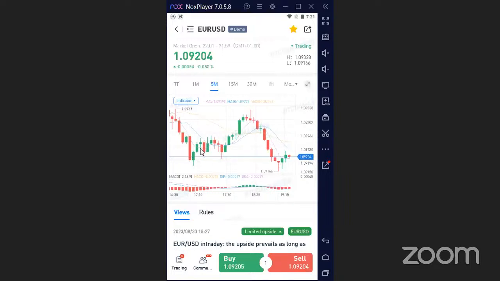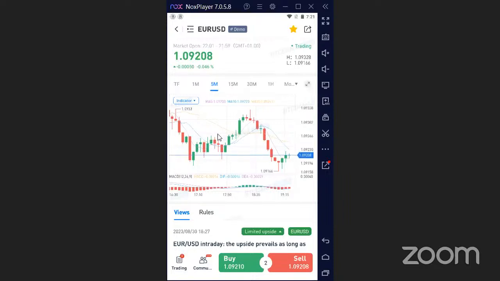Whenever the candles are above it, the market is going to go up for long. So it just gives us an edge of where the current trend is.